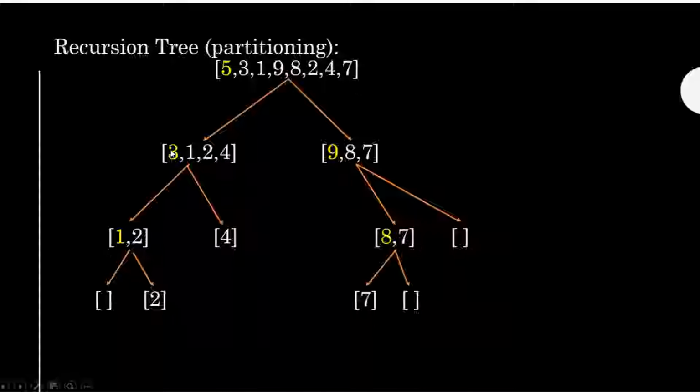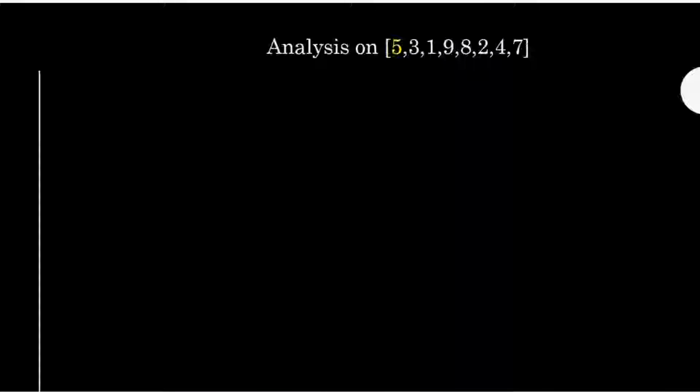Or you might decide to put your 3 here, whichever way you want, but the intuition is everything less than your pivot on one side, everything greater on the other side. Here our pivot is 1, everything less on this side, everything greater on the other side. So we do the same thing here. So that's what we have for our partitioning.